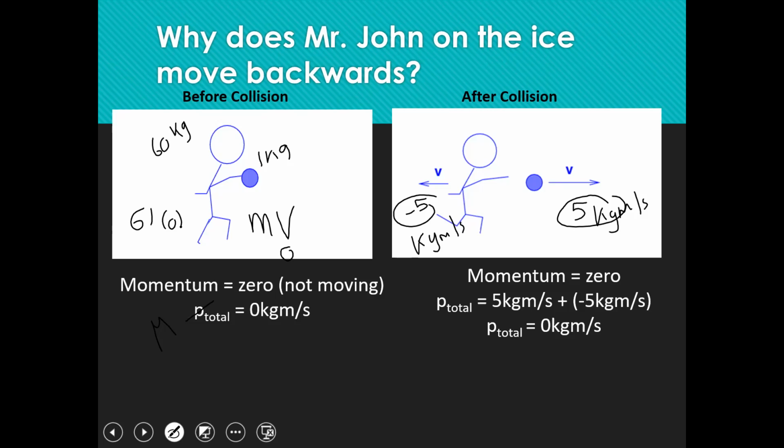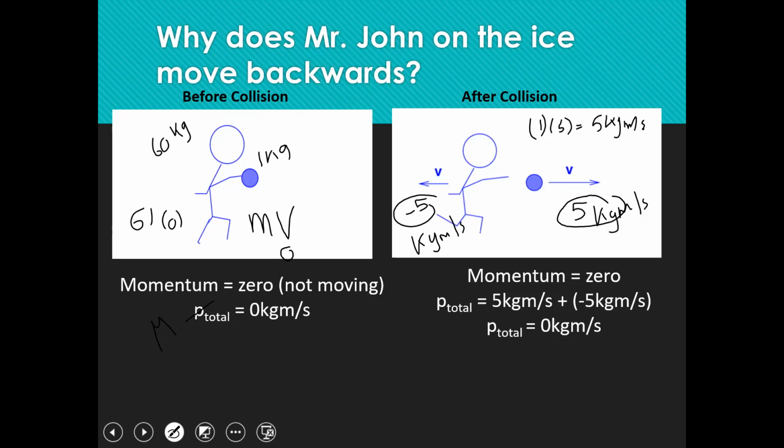But if you look at the second example here, the rock will move 5 meters per second, and the mass of the rock is 1 kilogram. So 1 times 5, we have 5 kilogram meter per second. This is for the rock.